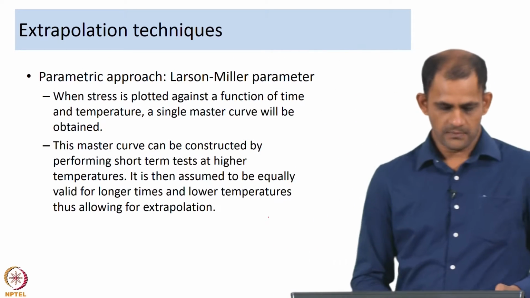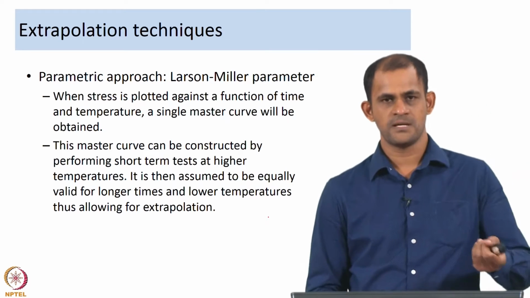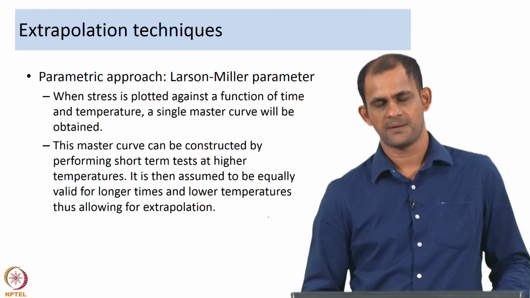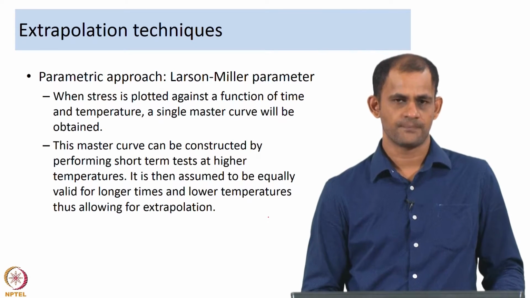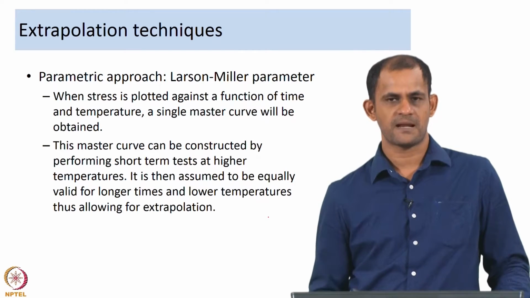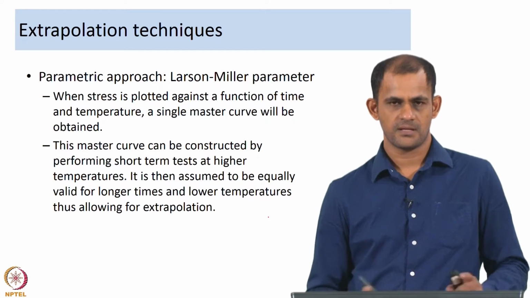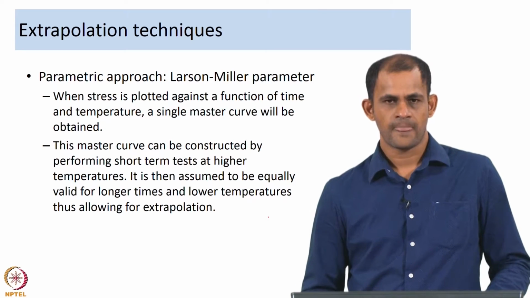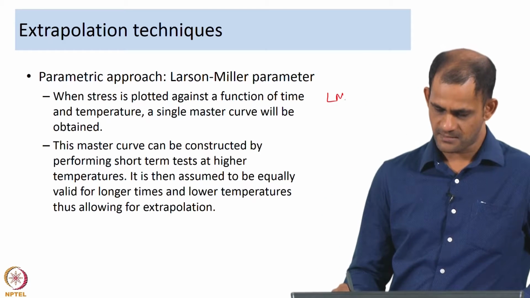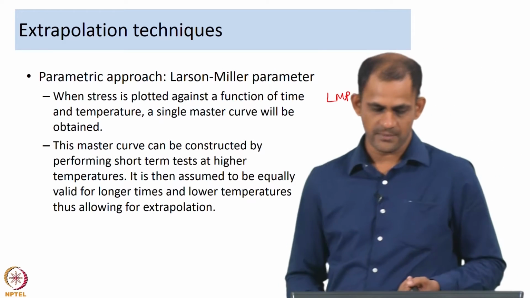So, let us look at the parametric approach. Larsen-Miller parameter comes under the category of the parametric approach of creep life prediction or useful life prediction. So, what is the Larsen-Miller parameter? Basically, the Larsen-Miller parameter is a parameter that is plotted against stress in a single plot, and the Larsen-Miller parameter, as you will understand, is dependent on time and temperature.